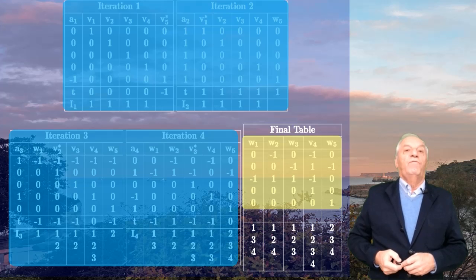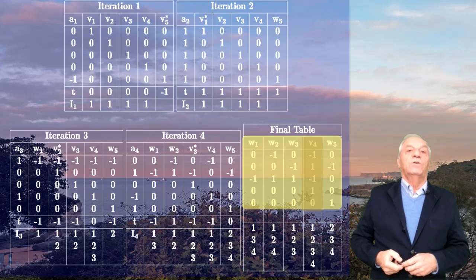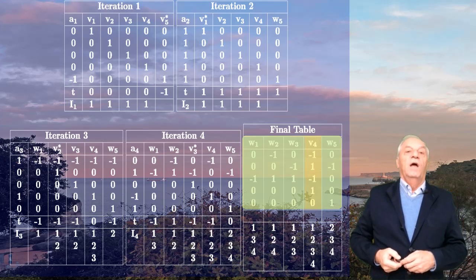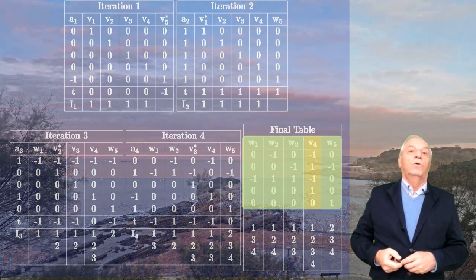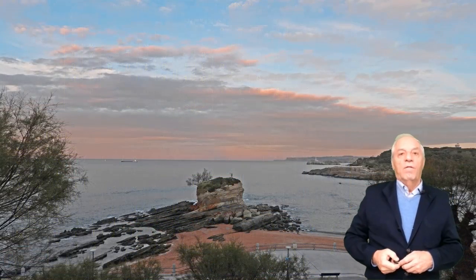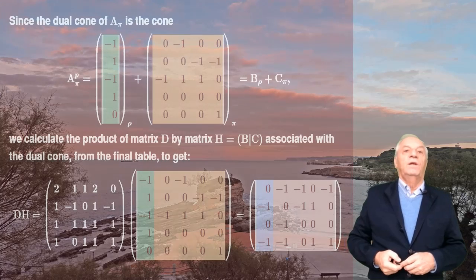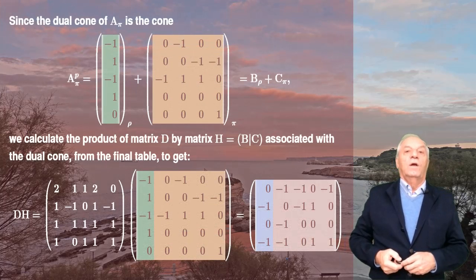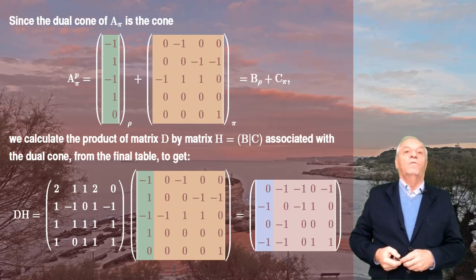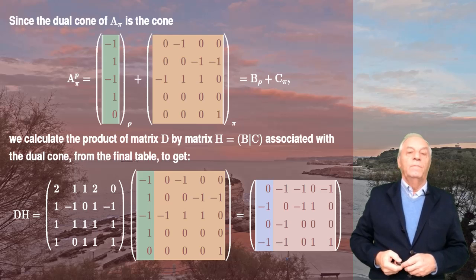Then we get the final table that contains the basis of one vector of the vector space and the 4 edges of the acute cone of the dual cone. Thus, the dual cone can be written as indicated in the slide, where the columns of the two matrices come from the final table on the right.